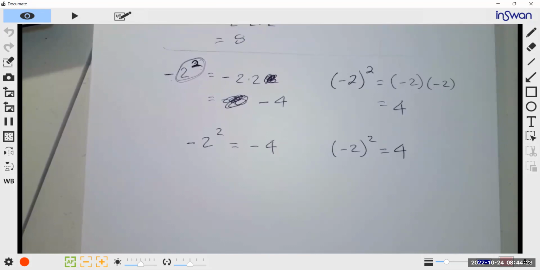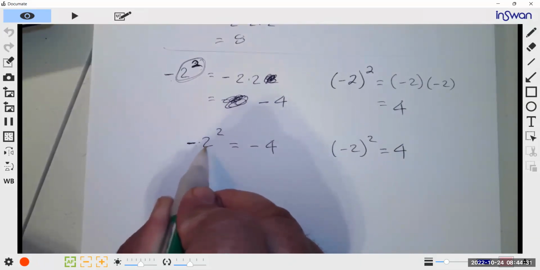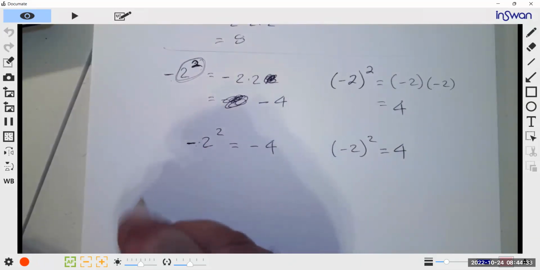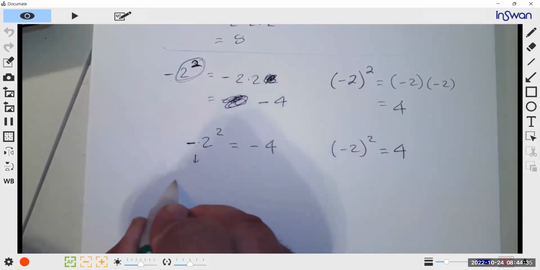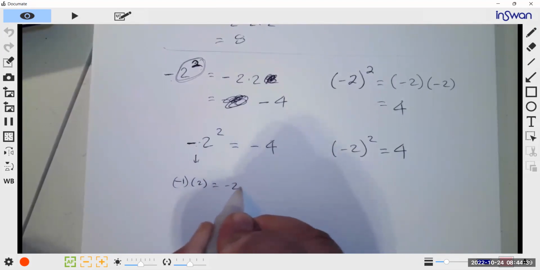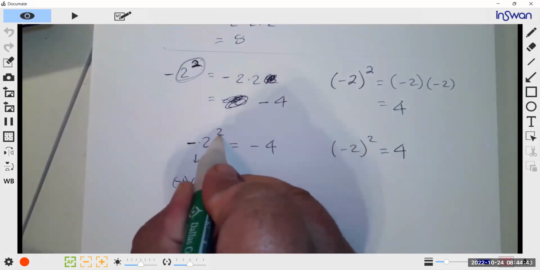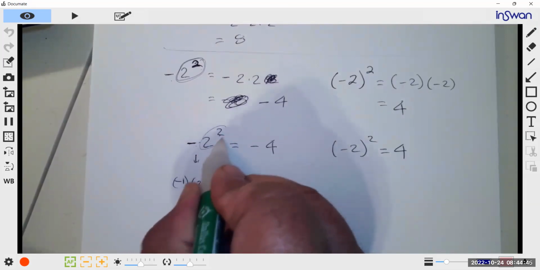Because of order of operations, this negative sign is actually multiplied to 2. This is actually -1 times 2 equals -2. This exponent only belongs to the 2.